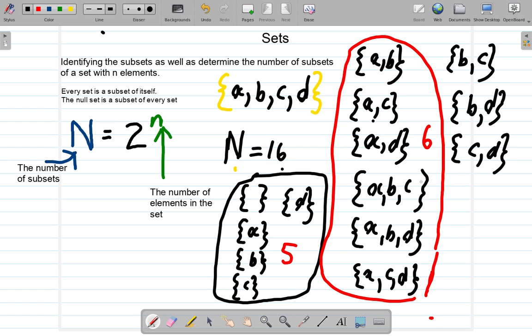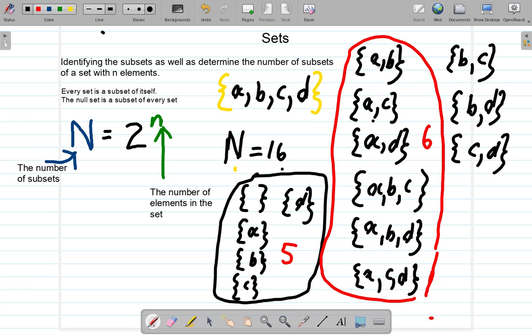Now, we have 3 elements: ABC, ABD, BCD. Good. So 6 and 5, 11, 12, 13, 14, 15, 16. 2 more are left. What do we have here? We have the null set. We have those that contain 1 element.